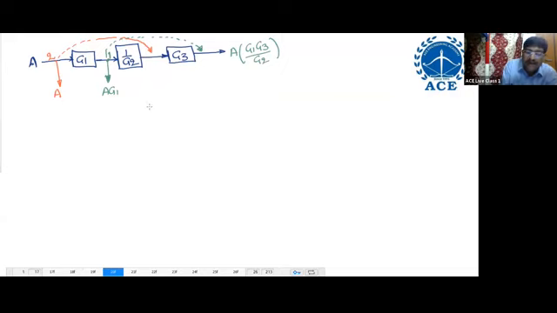So now draw the diagram. A, here G1, one by G2, G3.